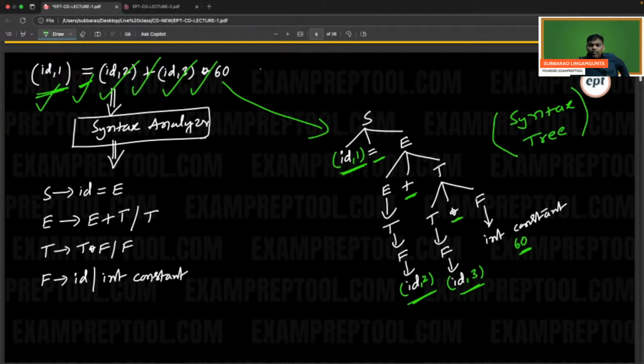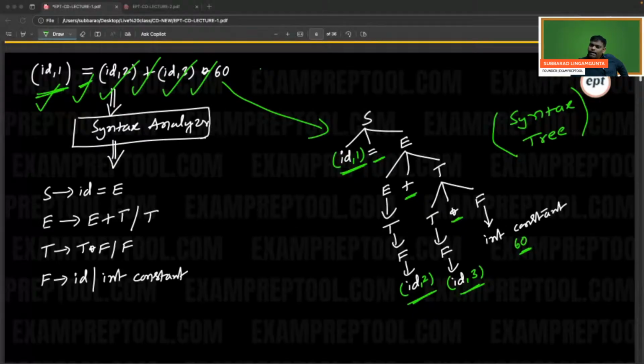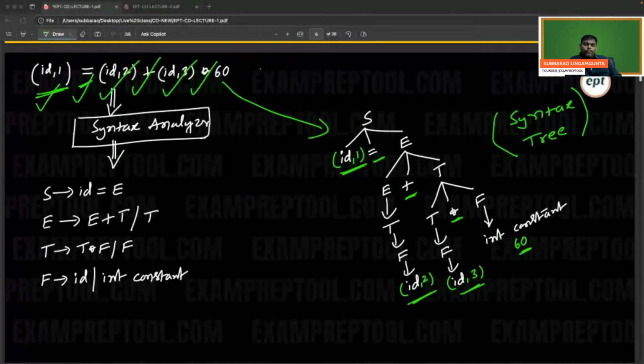Now it is the correct time to ask you. Everyone understand? Everyone give an answer. What is syntax analyzer input? Let's check. Please help me.